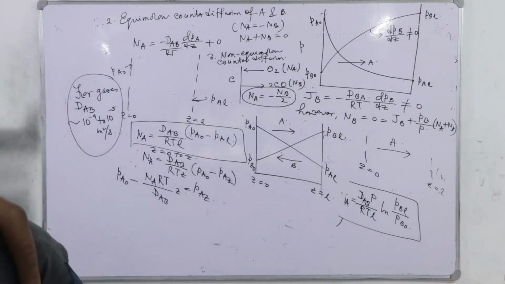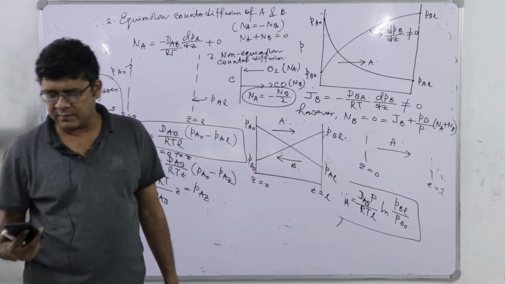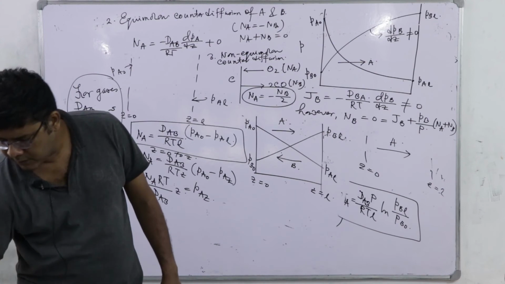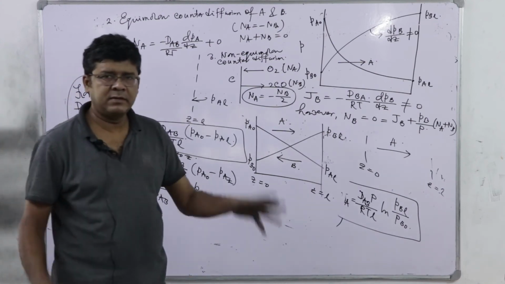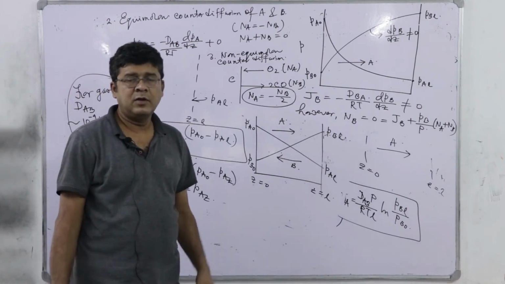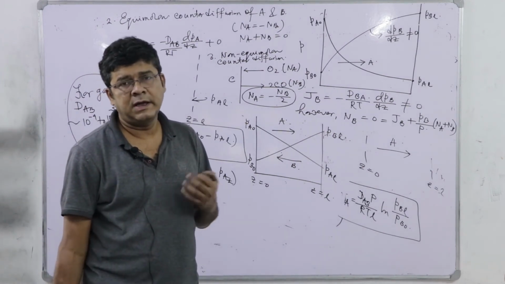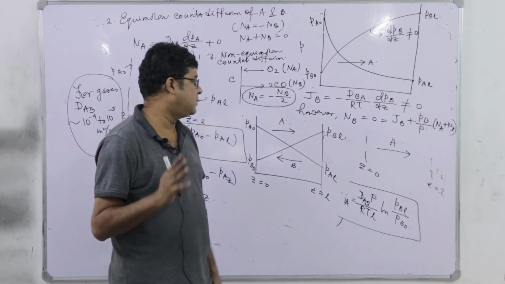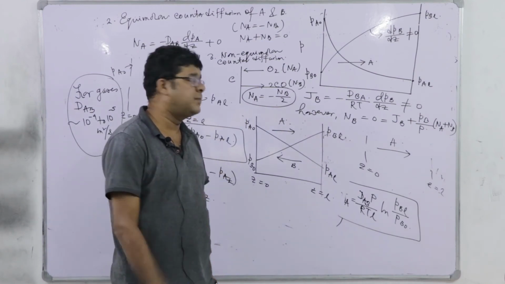So, for measurement of gas and vapor diffusivity, two different standard experiments are there. One is called the twin bulb method, another is the Stefan tube method. Those experiments are theoretically important.